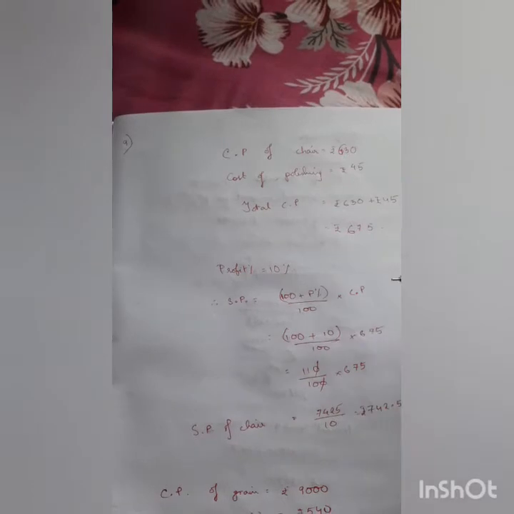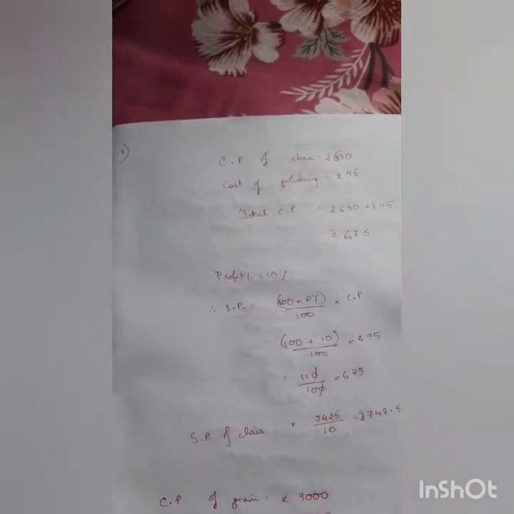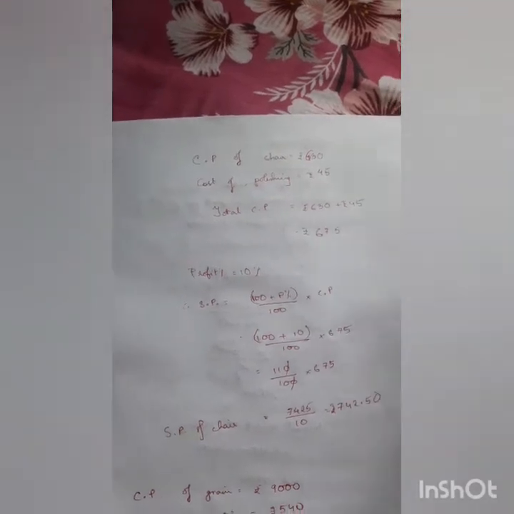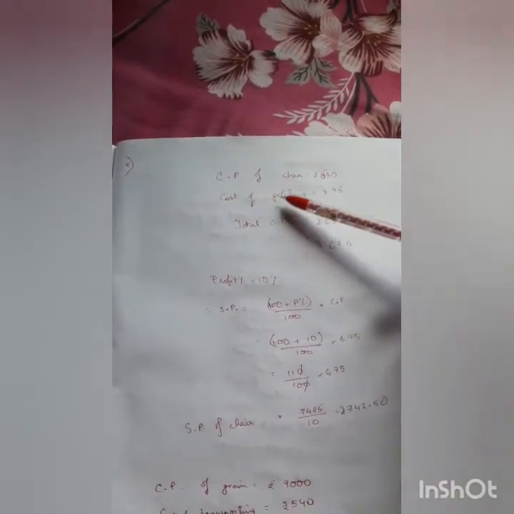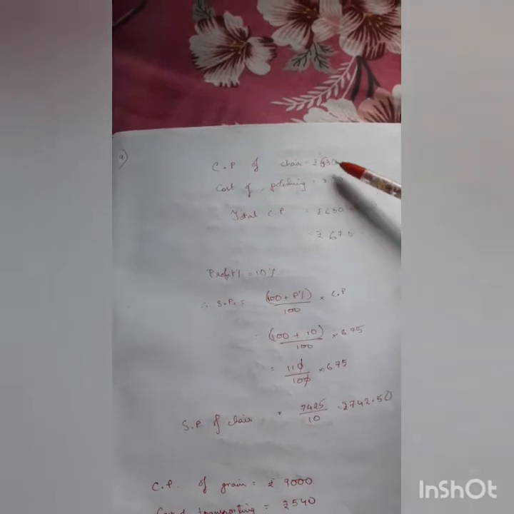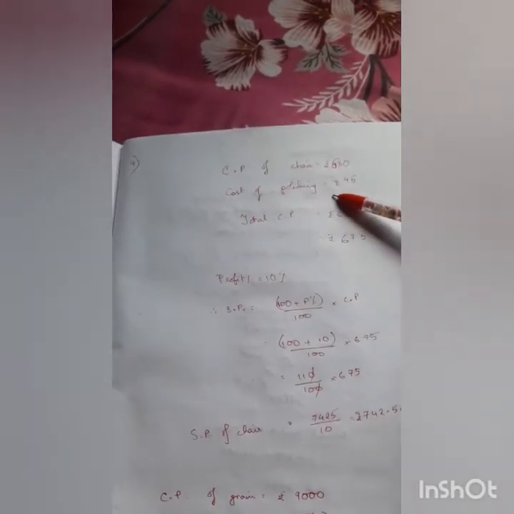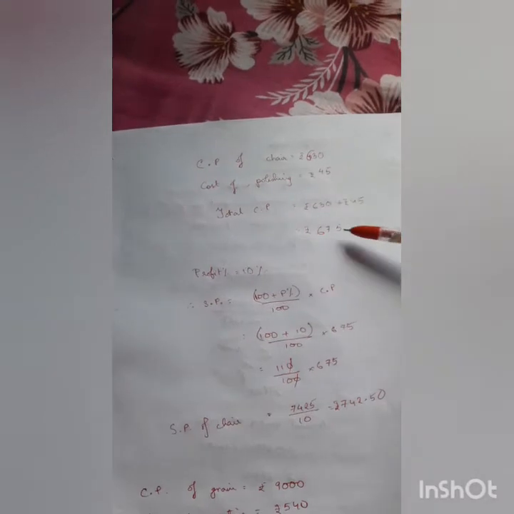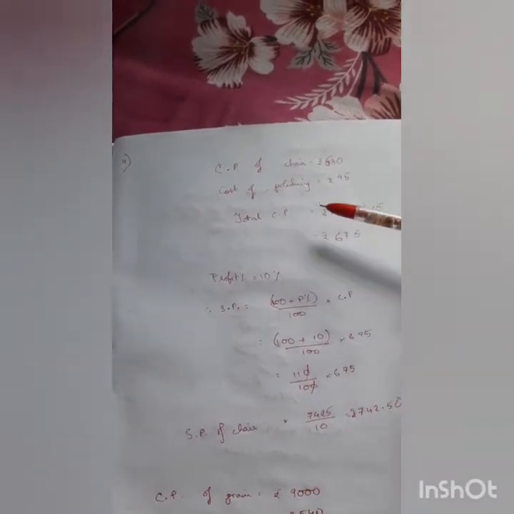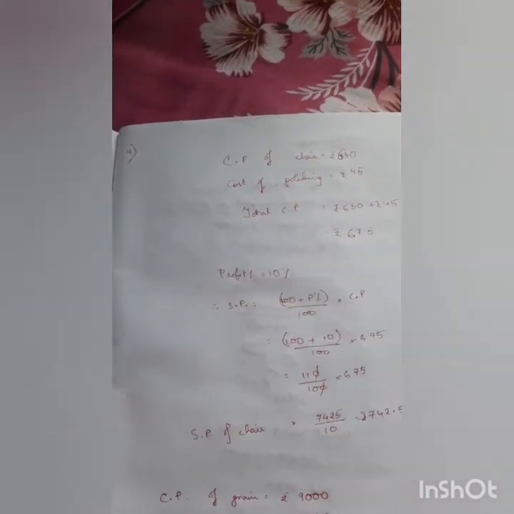Next, in question number 9, this is a sum on overhead expenses. Overhead expenses means the extra expenses that I make after buying an article. See, the cost price of the chair is rupees 630. After this person bought the article, he polished the chair, so there was a cost of polishing, which equals rupees 45. So total CP is 630 plus 45, which is 675. Now he wants to make a profit of 10%.